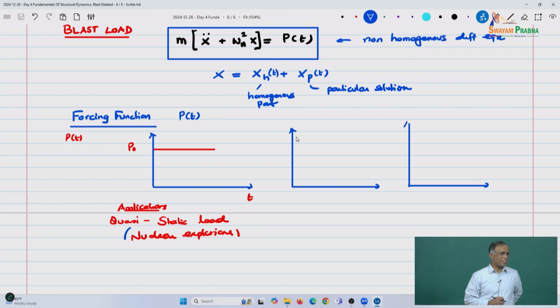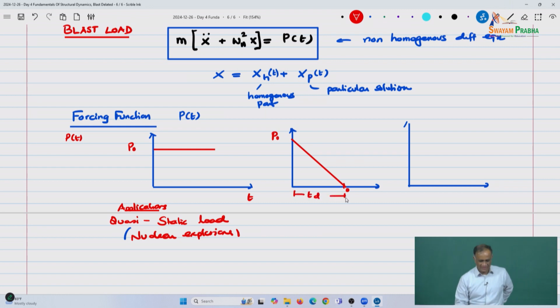The simplest one is going down, and we said this is P naught to 0 over Td. So you see how nicely it develops into something very simple. This is load duration. Practical applications: just take these basic differential equations and apply.